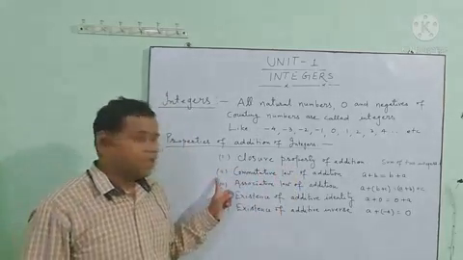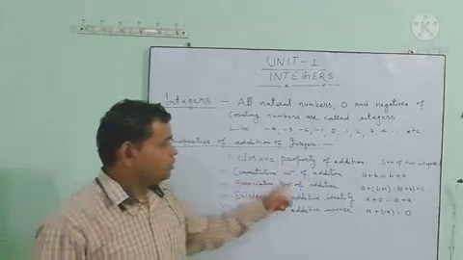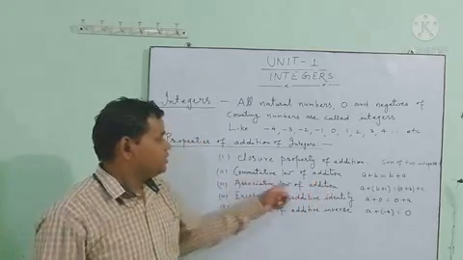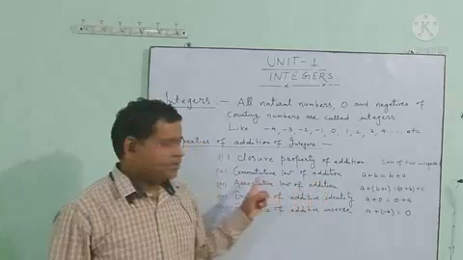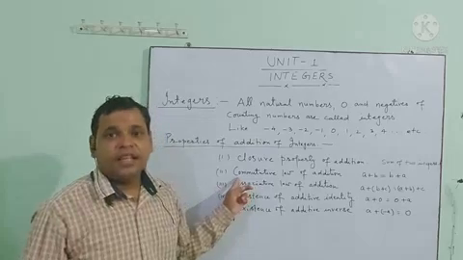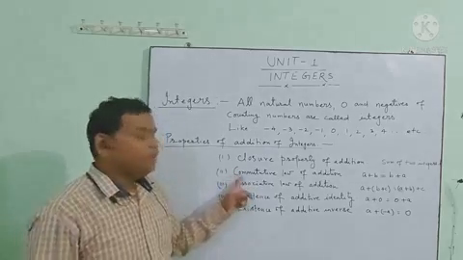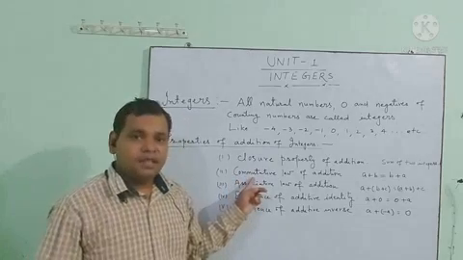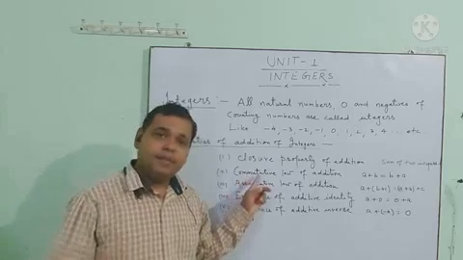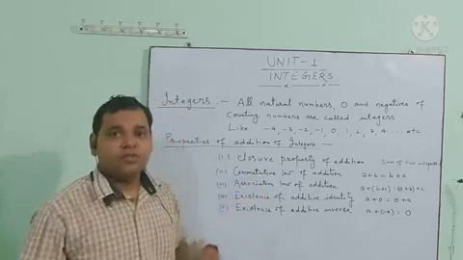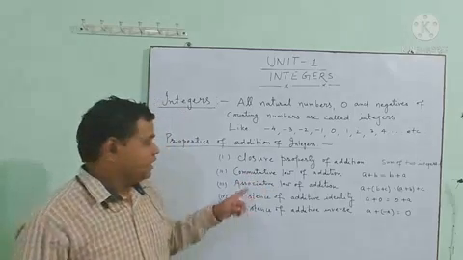Now come second, commutative law of addition. What is commutative law of addition? If there are two integers, a and b, when we add a plus b, and when we add b plus a, both sides will be equal, and a plus b is equal to b plus a.